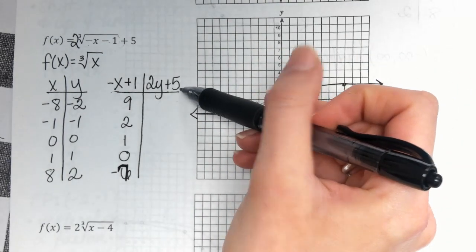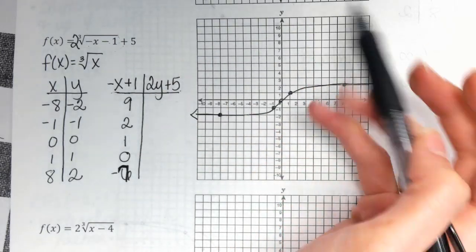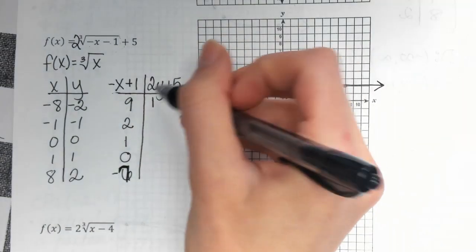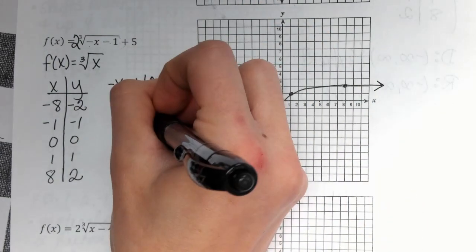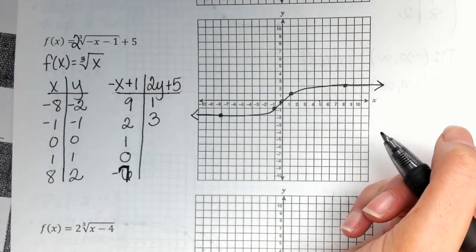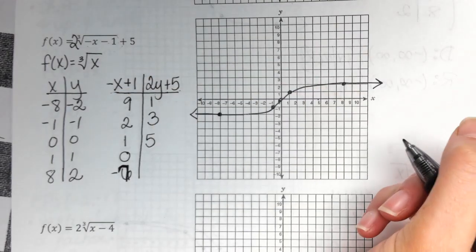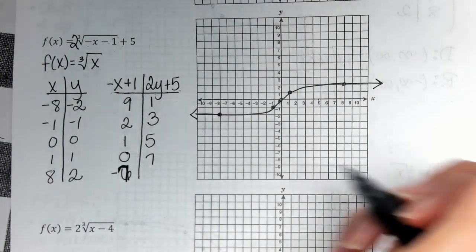Then 2y plus 5. Negative 2 times 2 is negative 4. Negative 4 plus 5 is 1. Negative 1 times 2 is negative 2. Negative 2 plus 5 is 3. 2 times 0 is 0 plus 5 is 5. 1 times 2 is 2 plus 5 is 7. 2 times 2 is 4 plus 5 is 9.